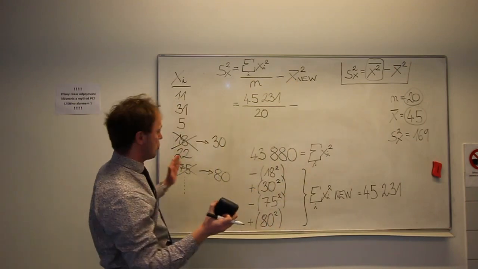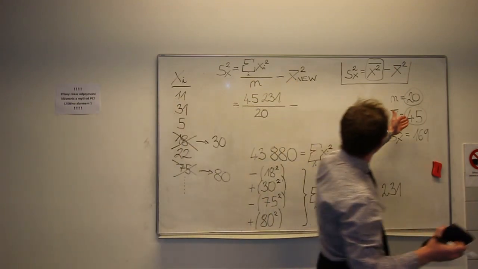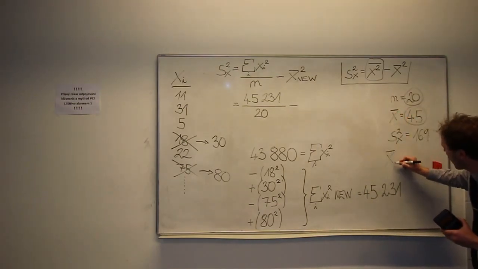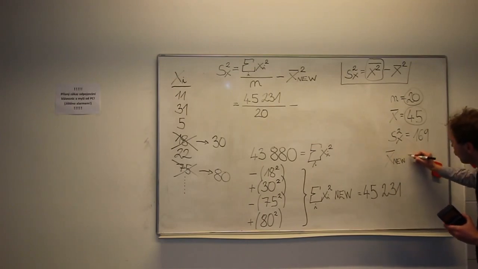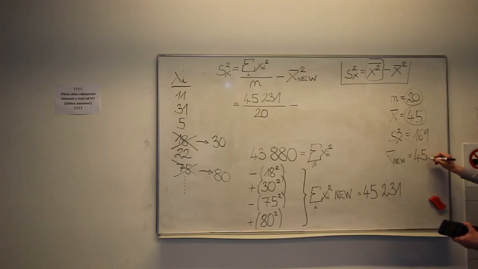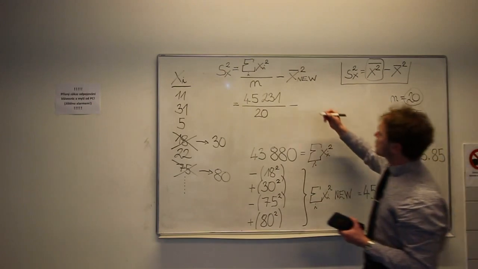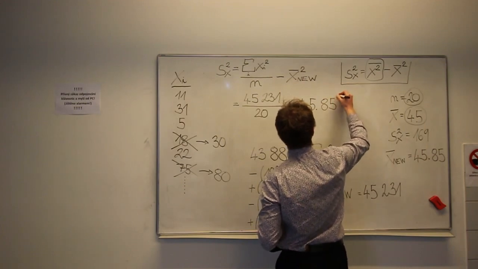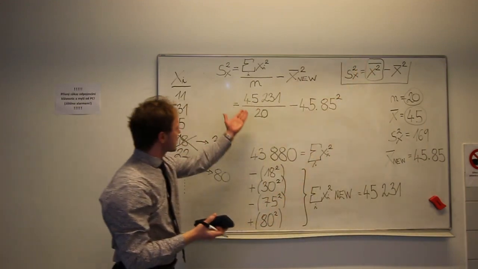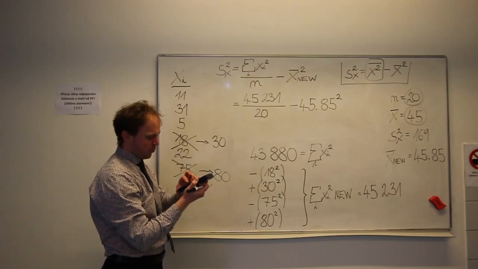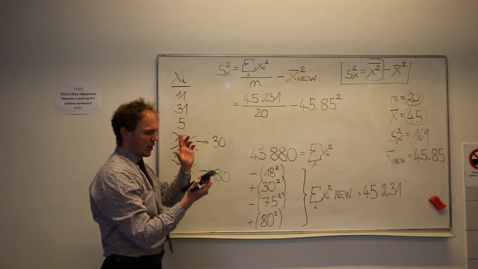Where is my new mean? I deleted this value, but you remember that x with stripe new was equal to 45.85. Do you remember this? So minus 45.85 squared. Okay, so this divided by 20 minus 45.85 squared, enter.